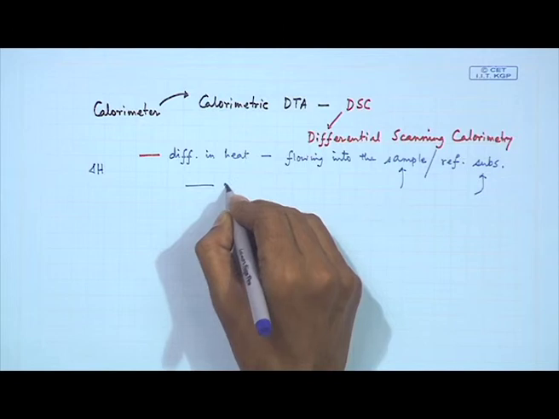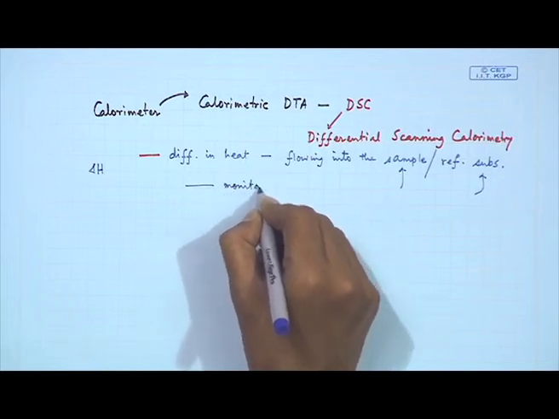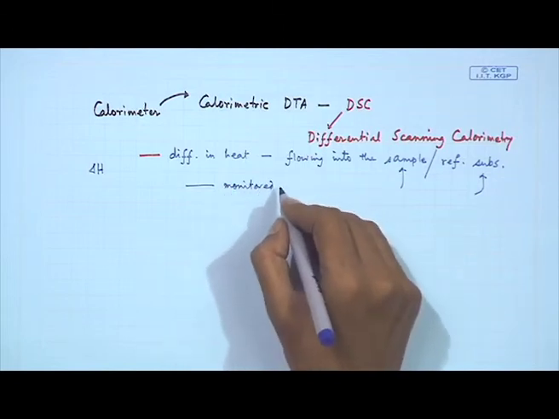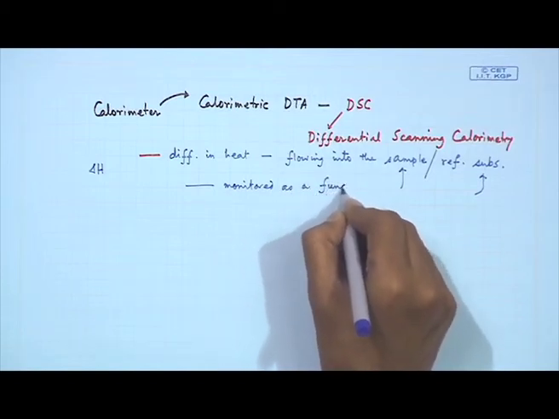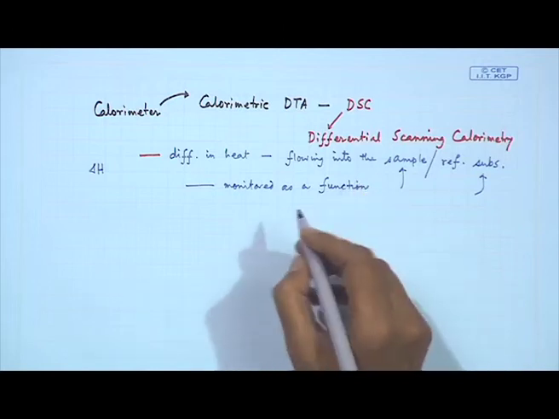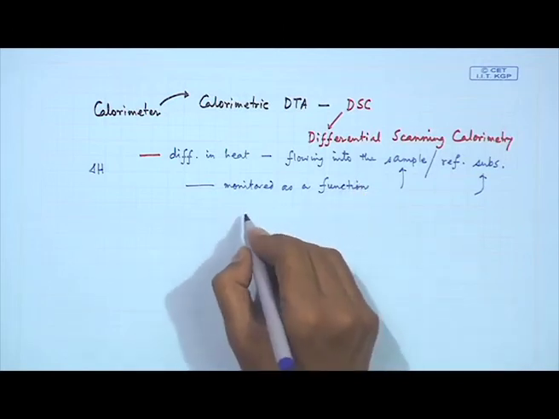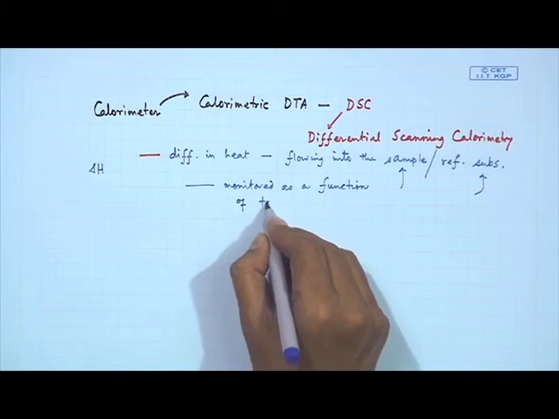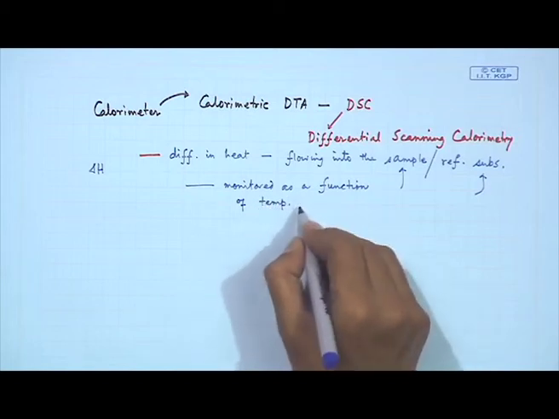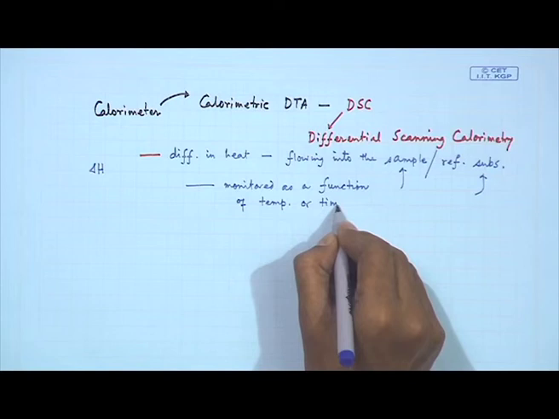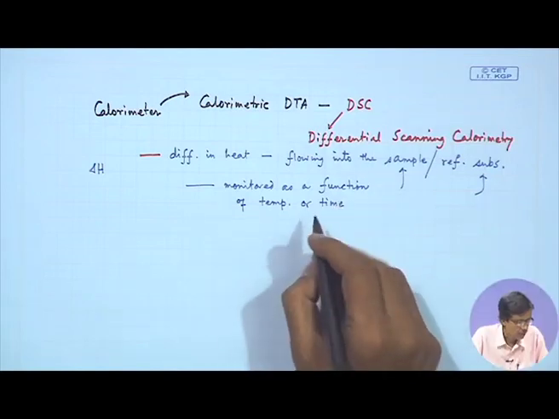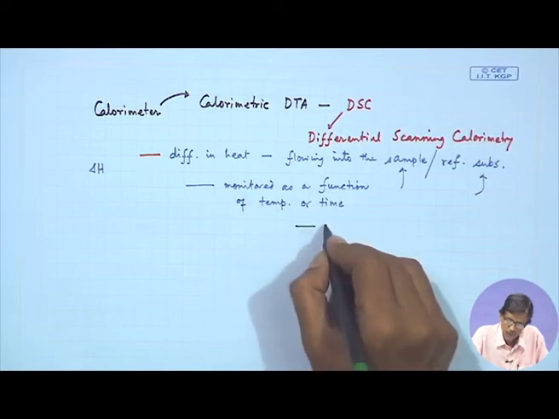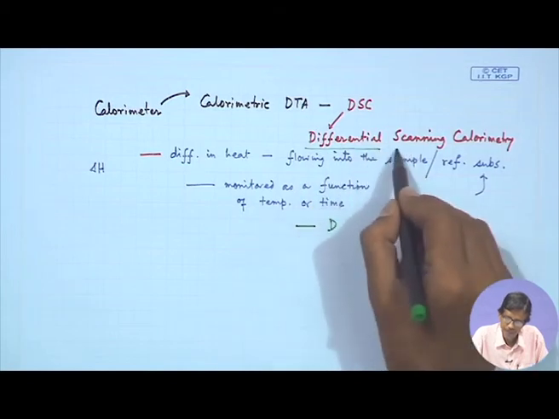So, it is monitored as a function of temperature or time. So, now what do we have? We have now the corresponding differential calorimeter, because the process is differential scanning calorimetry.